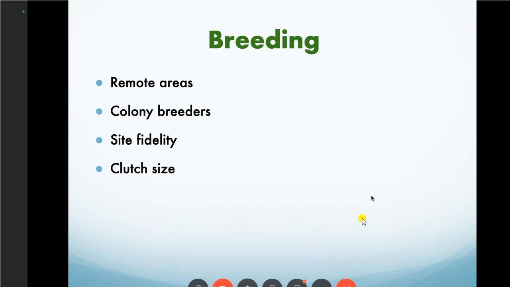Since they are feeding their chicks for say 14 months, or 8 months, 10 months, they don't breed that often. They don't breed every year. They breed probably once in 2 years or once in 3 years, because they have to take care of their chicks for quite a long time. For example, with the tiger in India, once the female has cubs, she takes care of them for almost 2 years.